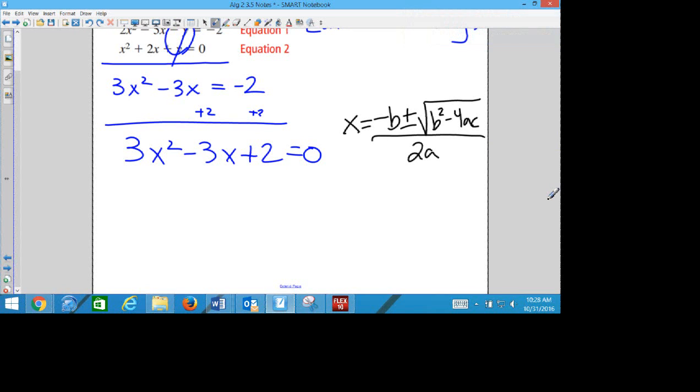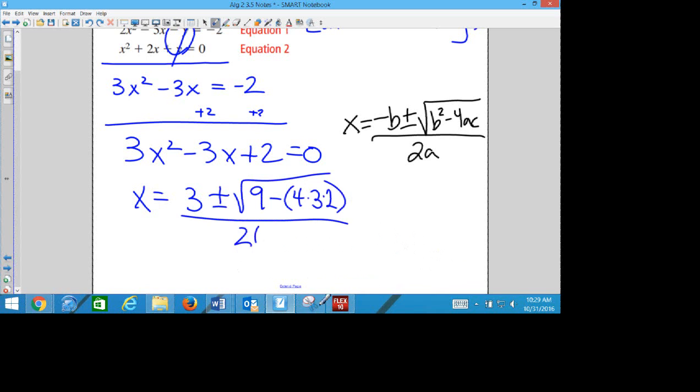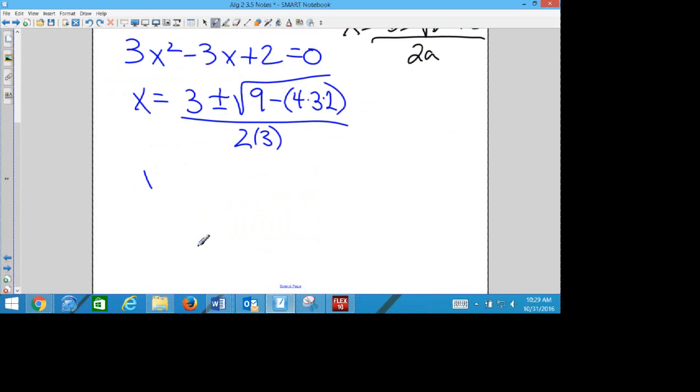Now, hold your applause. So we're going to do x equals opposite b, so opposite of negative 3, plus or minus square root b squared is 9, minus 4 times 3 times 2, all over 2 times 3. So we add together 9 minus 24, and we get negative 15.